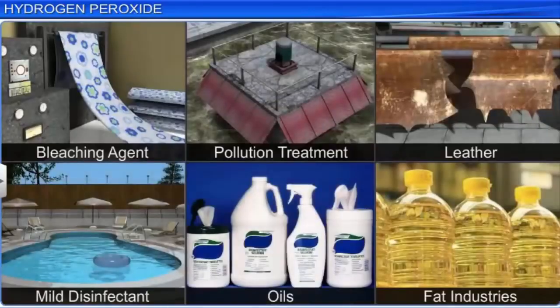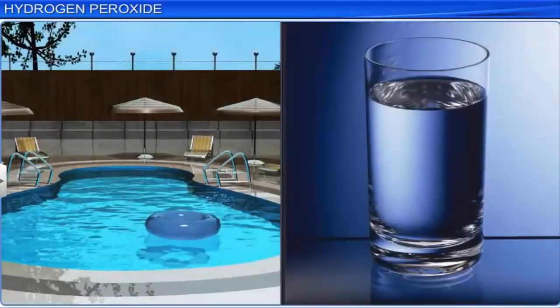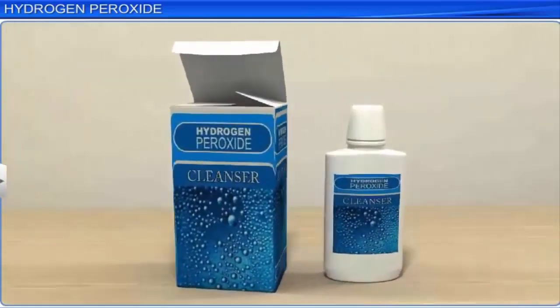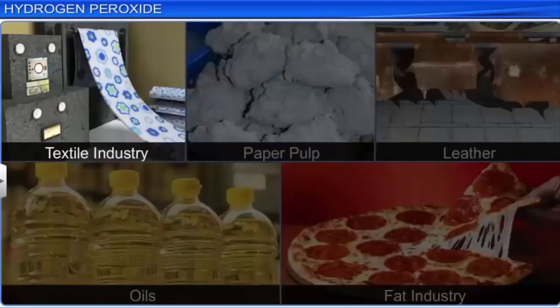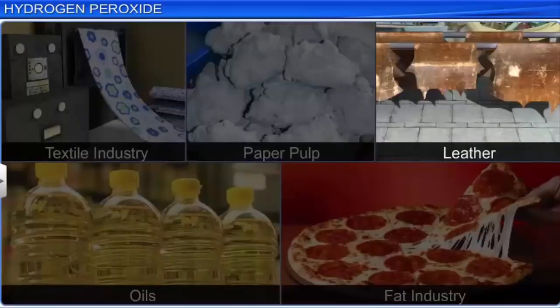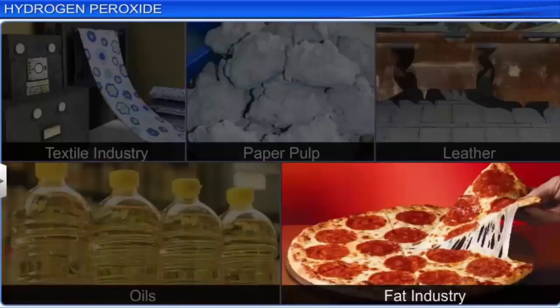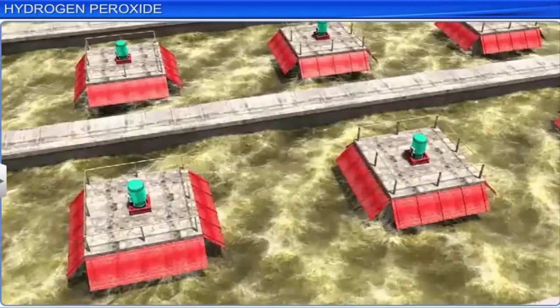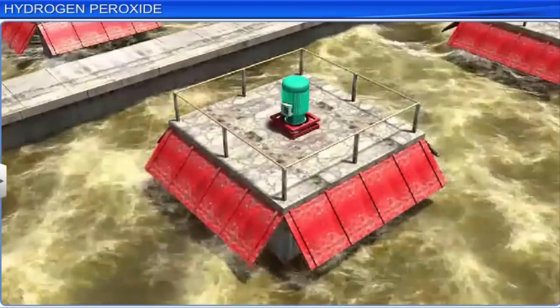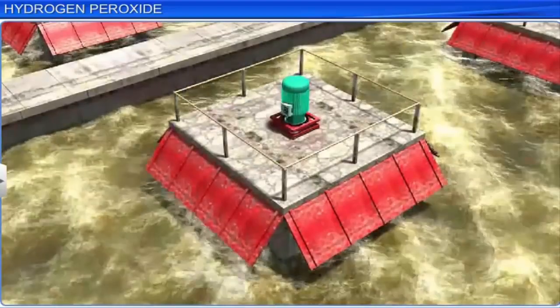We come across many uses of hydrogen peroxide every day. For example, as a mild disinfectant, as a cleanser, as a bleaching agent in the textile, paper pulp, leather, oils and fats industries, as a pollution control agent in the treatment of domestic and industrial effluents, oxidation of cyanides, restoration of aerobic conditions to sewage wastes, and so on.